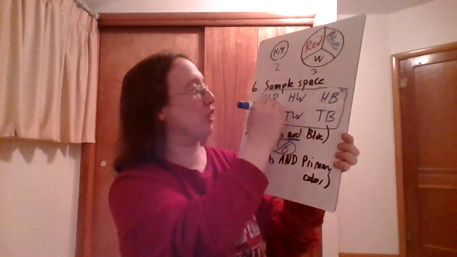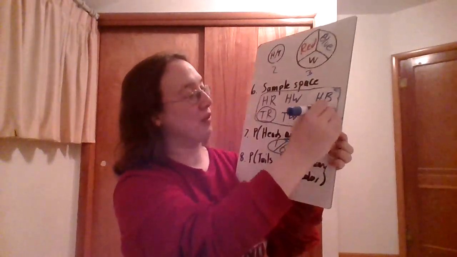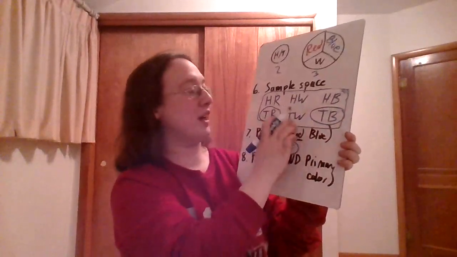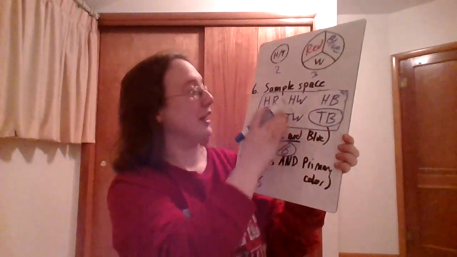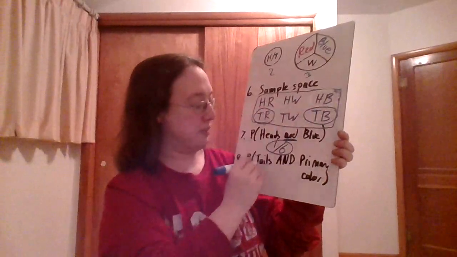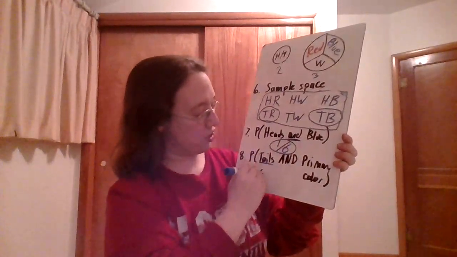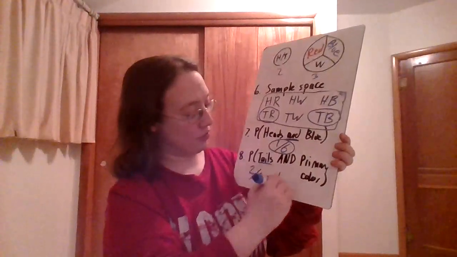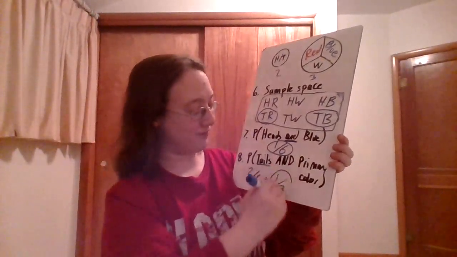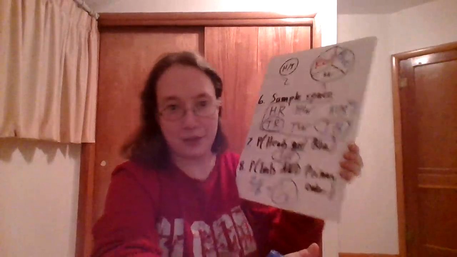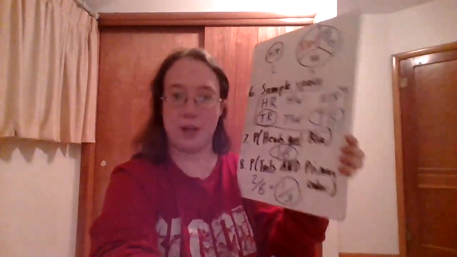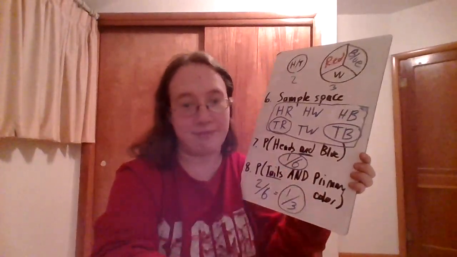So tails and red counts, tails and blue counts, but not tails and white because that's not a primary color, and not any of these because we need it to be tails and that thing. So we've got 2 out of 6, which reduces to 1/3. And again, if you really want a decimal or a percent, go for it. I would just leave it like that.